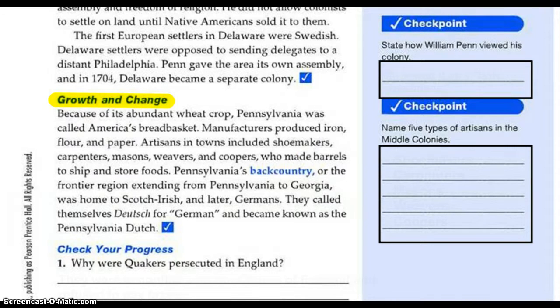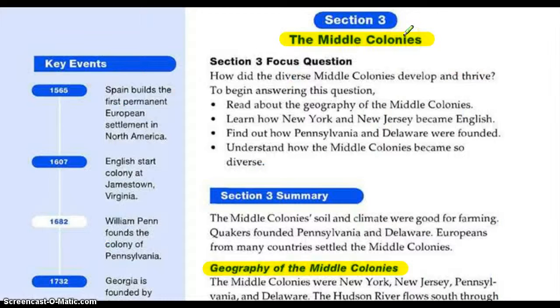Now I want you to go ahead and highlight the titles and the headings. After you highlight them, I want you to write next to them what they are so that you can remember that. You only need to write heading next to one of the headings to help yourself remember.